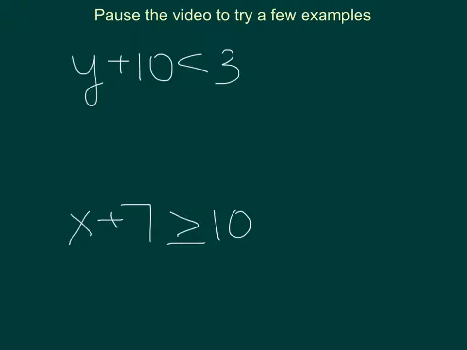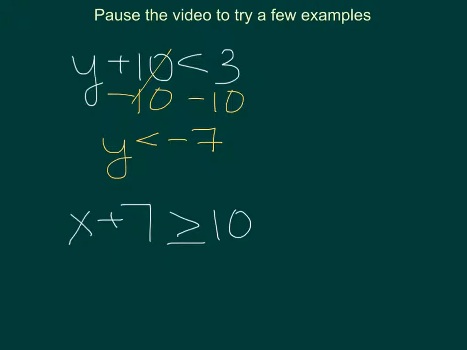So for the first example, y plus 10 is less than 3. If we subtract 10 from both sides, we get y is less than negative 7. So if we picked any number that is less than negative 7 and we plugged it in, it should make this stand true.